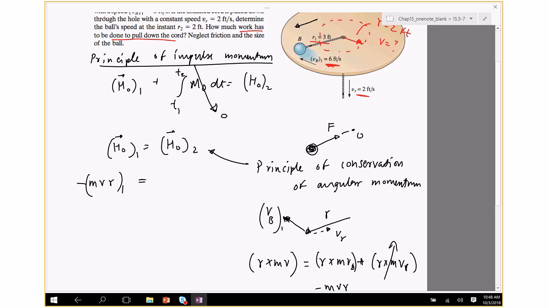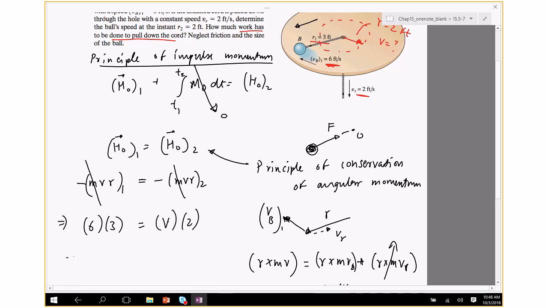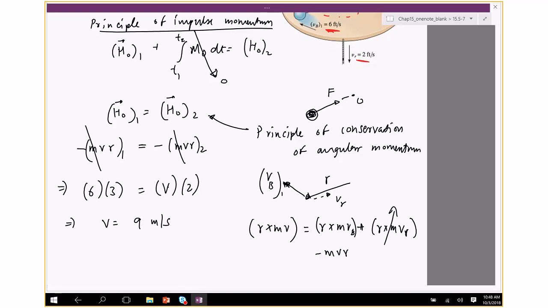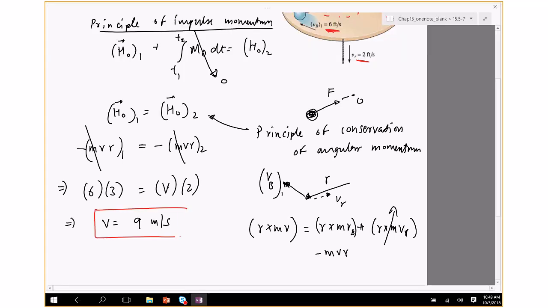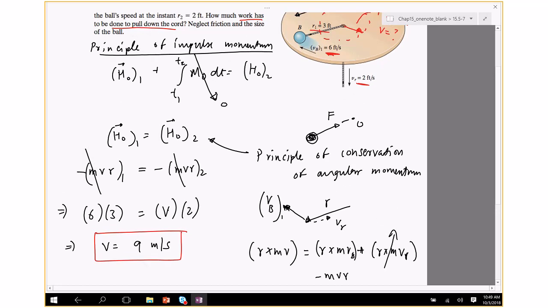So you get minus mvr, but v at instant 2. So the masses cancel off, they do not change. The velocity is 6, the radius is 3, equals the new velocity, which is unknown, and the new radius is 2. So from this we can solve for velocity. It is 9 feet per second.